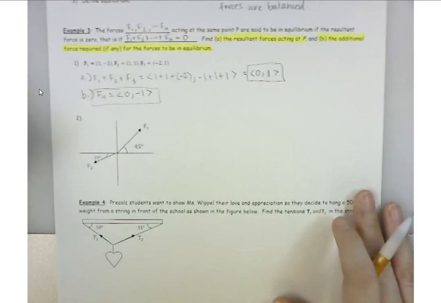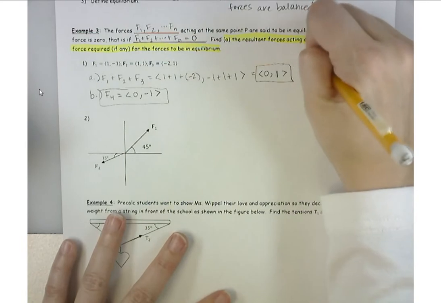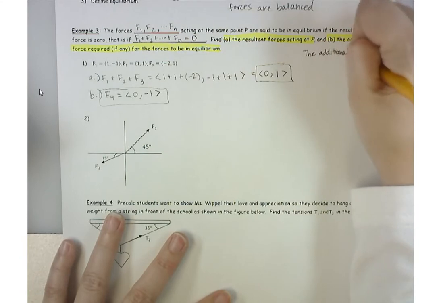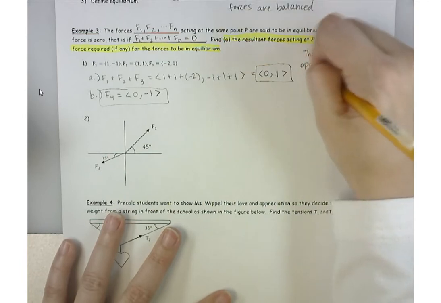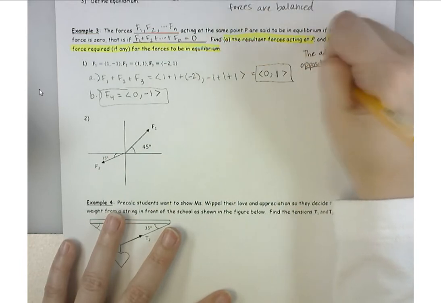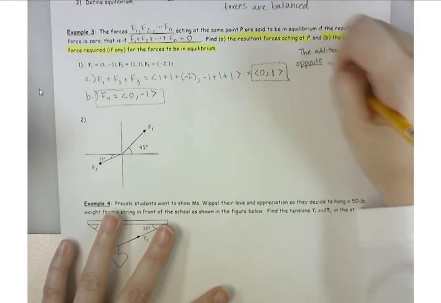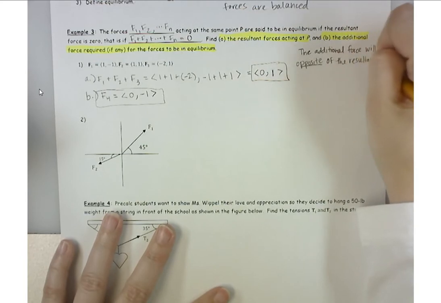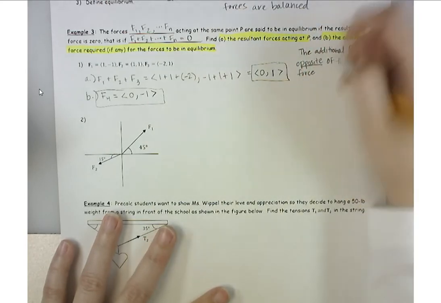Okay, so we're going to write a little note about that. So the additional force will be opposite of the resultant force to produce equilibrium.